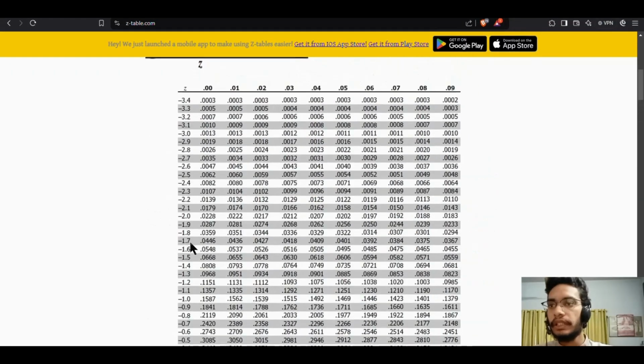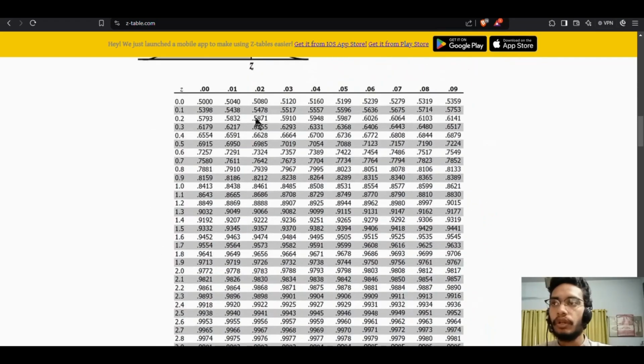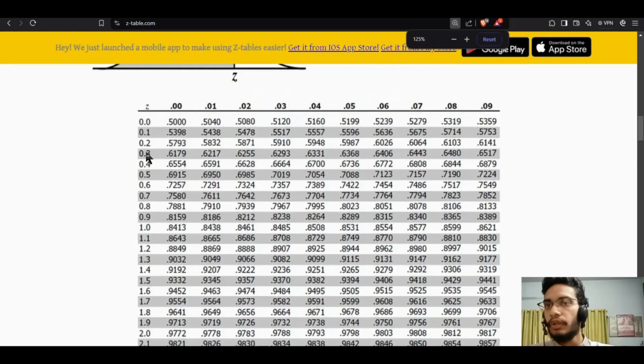This is the negative Z table and this is the positive Z table. You got the positive 0.25. So you see here this one is 0.2, and this is 0.25, right? You have to check from the Z column. This is the 0.2, and corresponding to this, you have to go to the 0.05, right? If you just add this 0.2 and 0.05, it eventually makes 0.25.